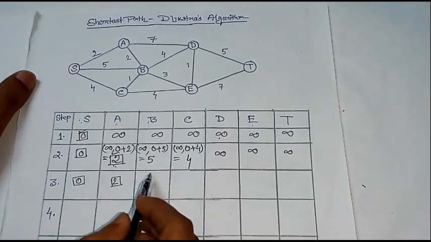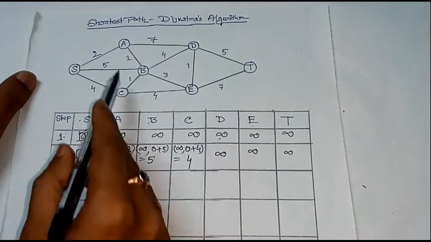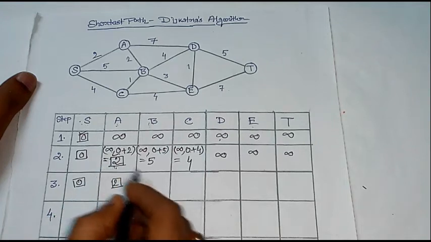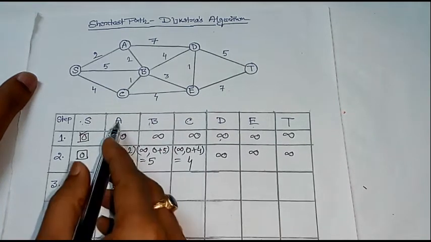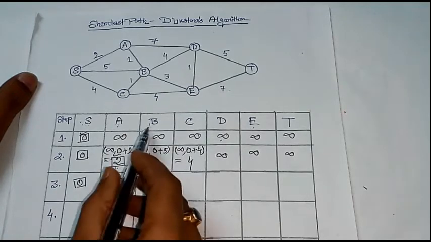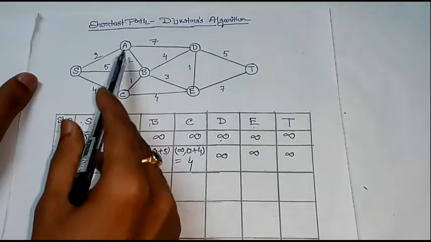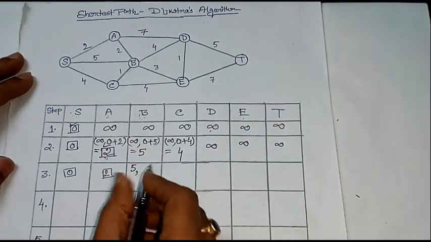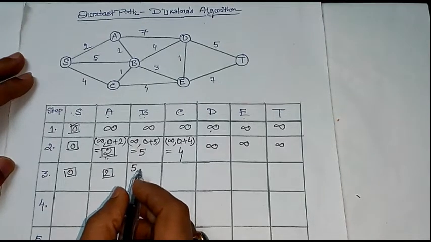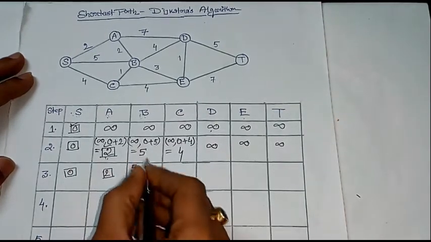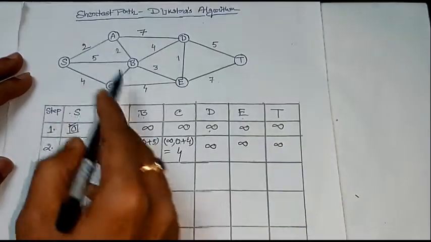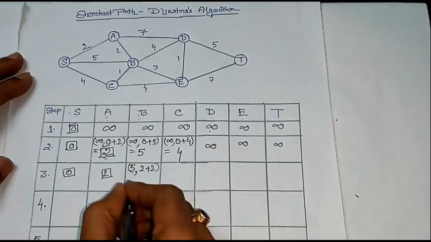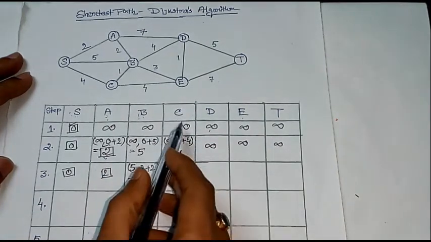And consider B. Now B is adjacent to A because in the previous step A was labeled permanently by 2, hence we shall consider the distances from A. Since the vertex B is adjacent to A, the rule is we put the previous value, comma, and the next value will be the permanent level of the previous step, that is 2 here, plus the distance between A and B, and the distance between A and B is 2, so it is 2, and the minimum of these two is 4.